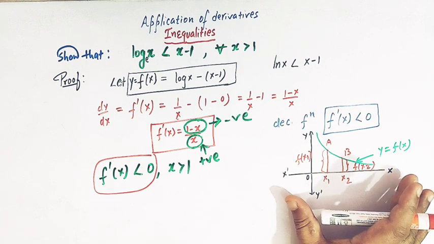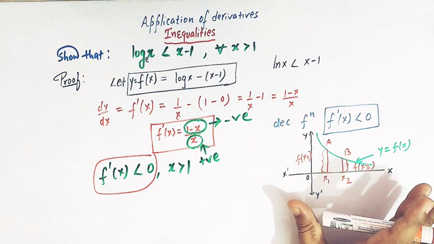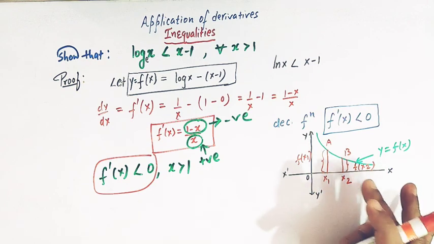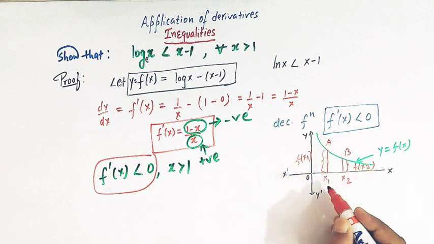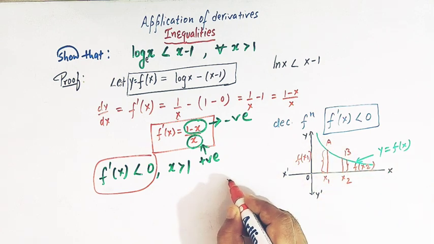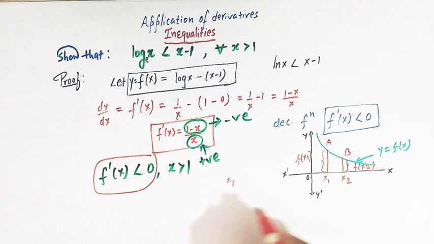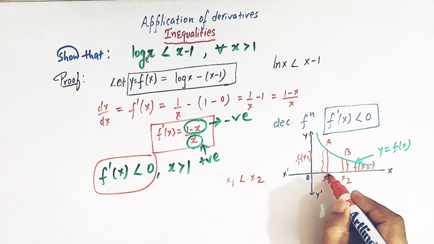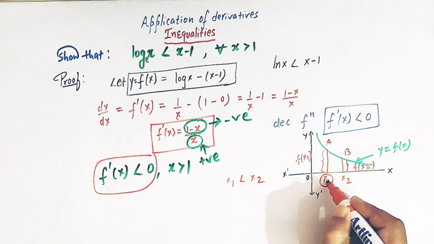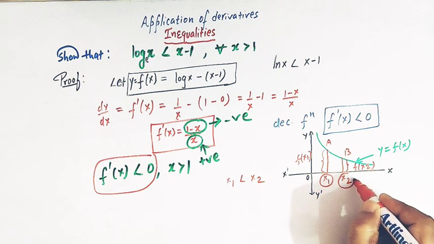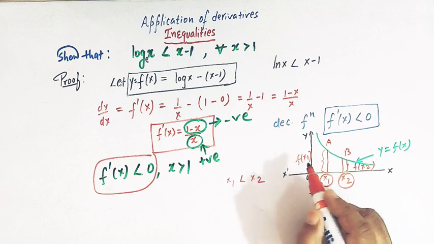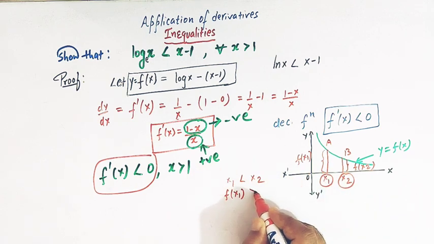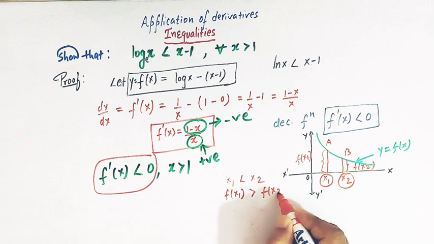So the important thing about the graph of decreasing functions is that whenever we take any 2 points on the curve, that is x1 and x2, and here we can easily see that x1 is less than x2, right? So this abscissa is less than x2, but the ordinates, that is f of x1, is greater than f of x2, right?